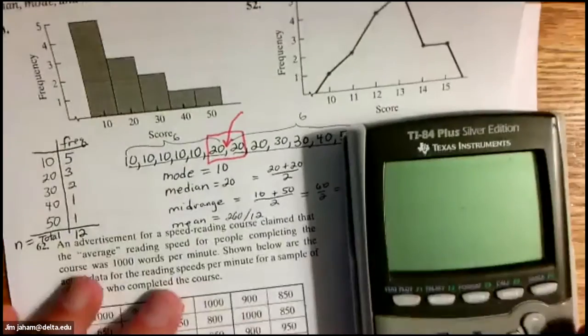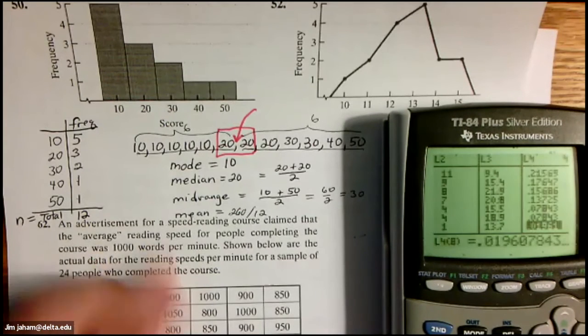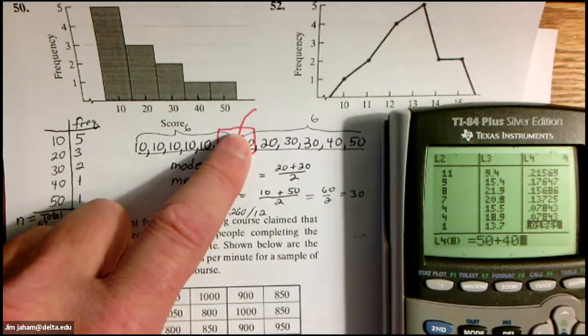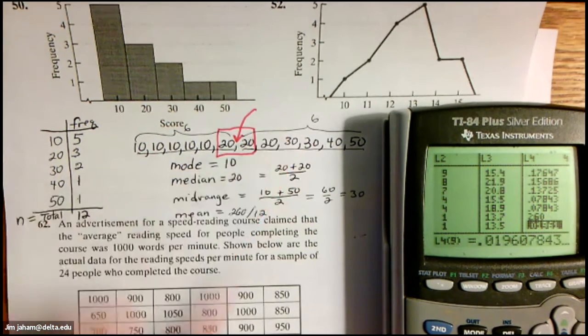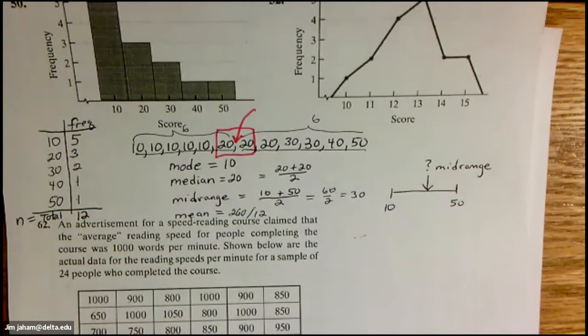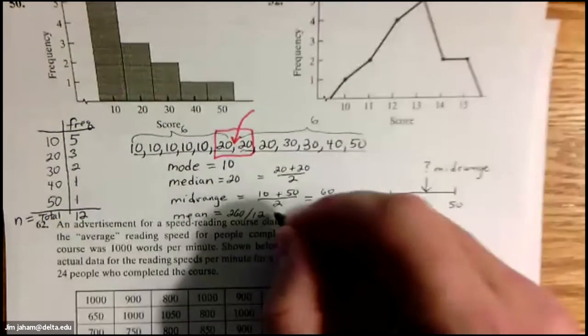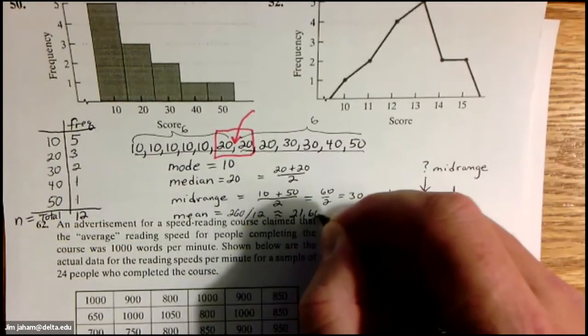I did it quickly in my head, but 50 plus 40 plus 50 plus 120, 260, yeah, that's what it is. So 260 divided by 12, and that is approximately 21.667.